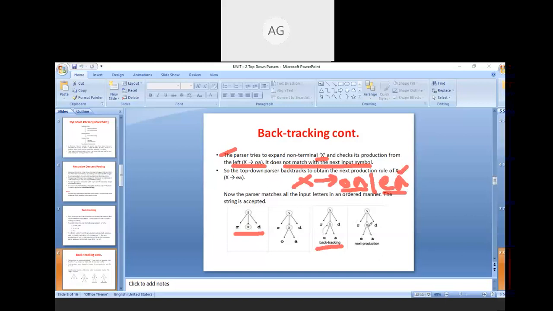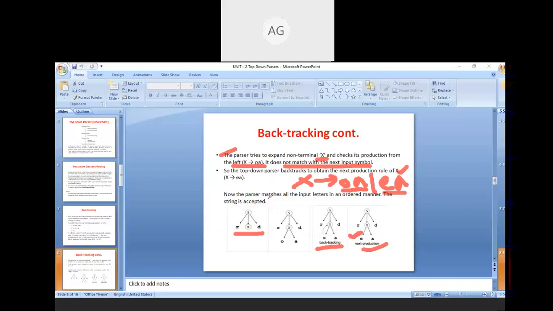So we replace the OA production with the EA production. This is possible by using the backtracking method, and by using it we can generate the symbol E, which we need to find.